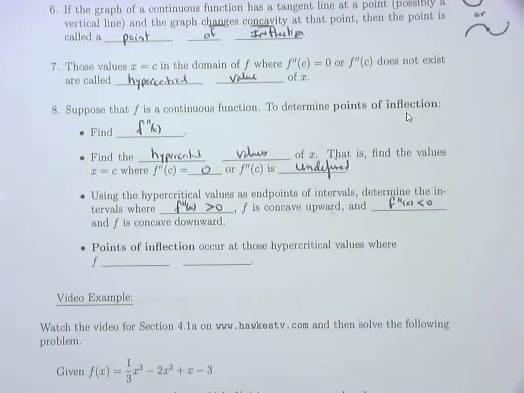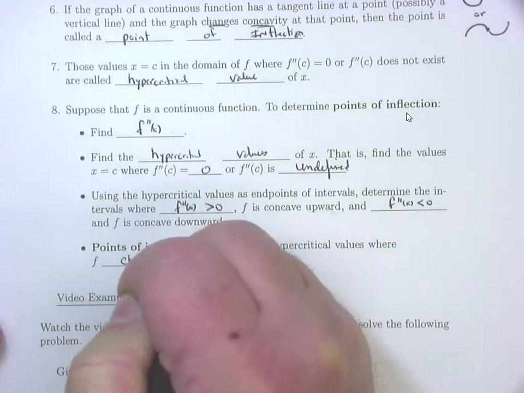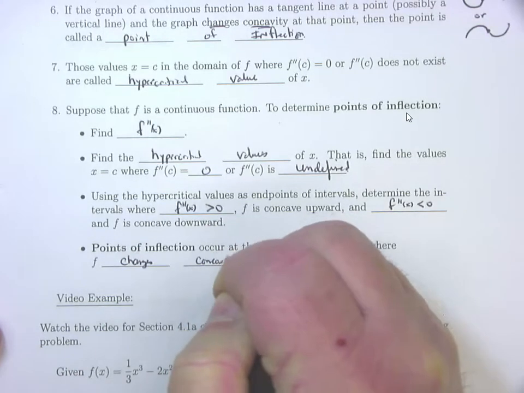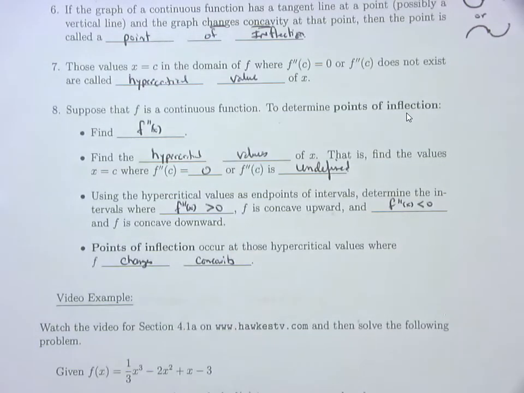Okay? And quote, points of inflection occur at those hypercritical values where f changes concavity. And this is why they actually use the word hypercritical instead of my inflection numbers, because to officially have an inflection point, you have to change concavity.